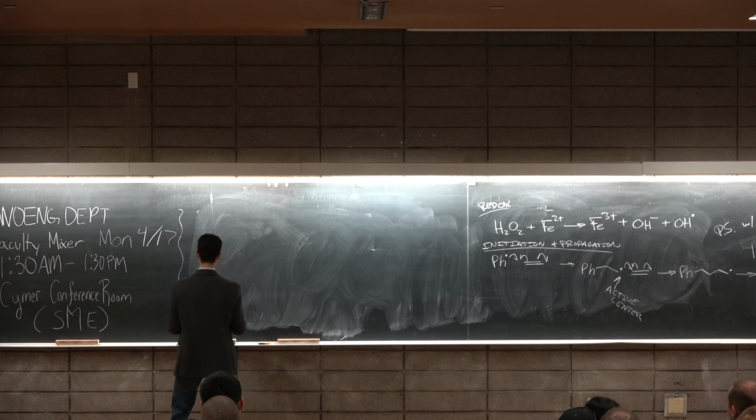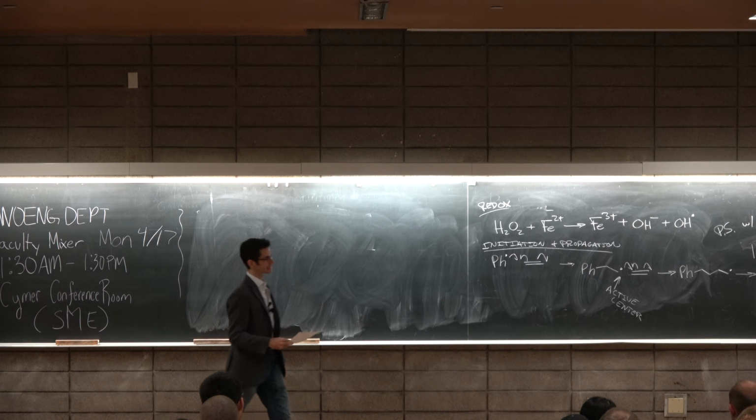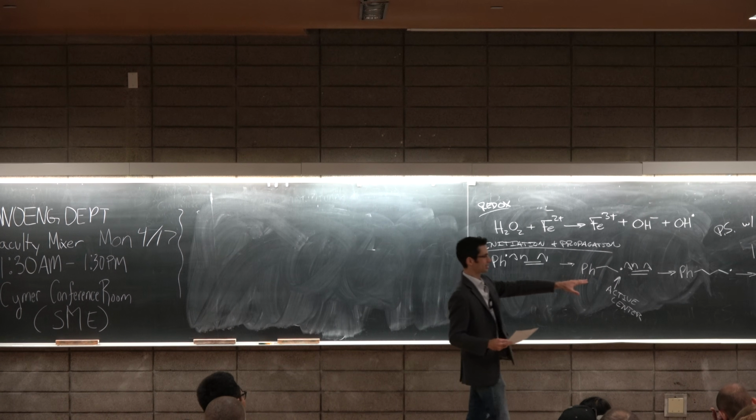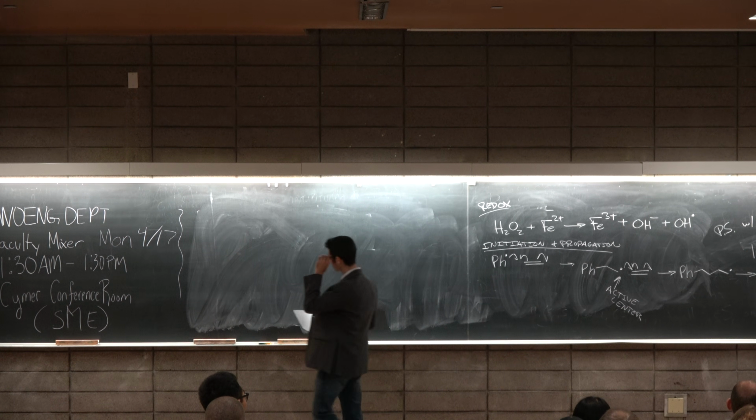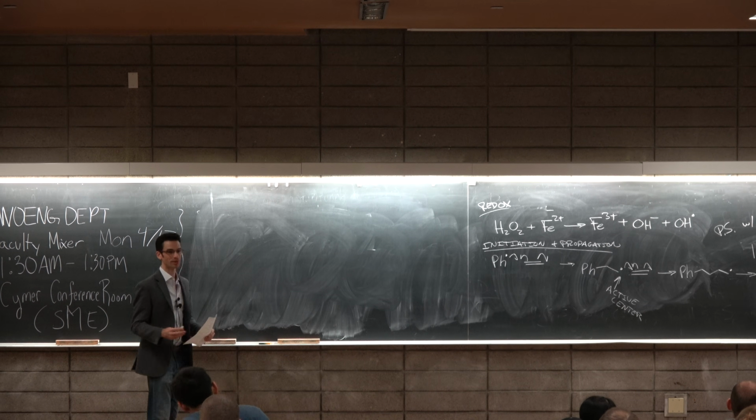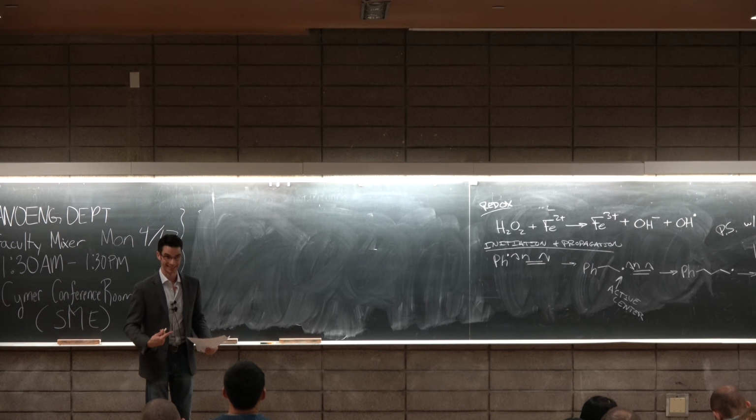So how does the branching occur? Branching occurs in a similar way to disproportionation, by hydrogen atom abstraction, but it happens within the same chain.